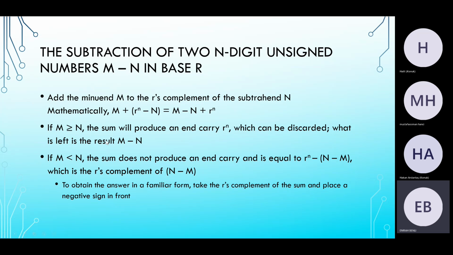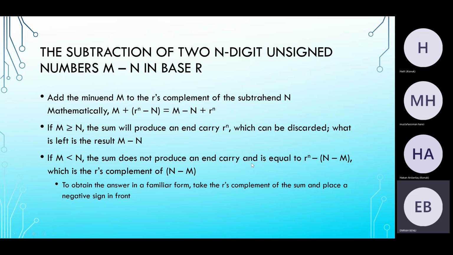If M is larger than N, the sum will produce an end carry, which is r to the n, and which can be discarded. We will discard it, and what is left will be the result of M minus N. If M is smaller than N, the sum does not produce an end carry.